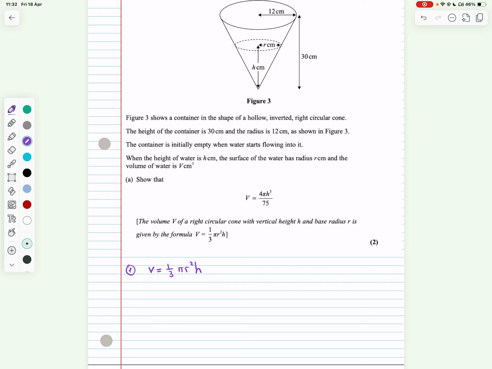Okay, so that's the second step I'm going to write here. By the way, the first step is just the formula I wrote, and I realized I need to take this radius in terms of height, because that's what I want to show. In the second step, I'm going to use the rule of similarity in shapes.